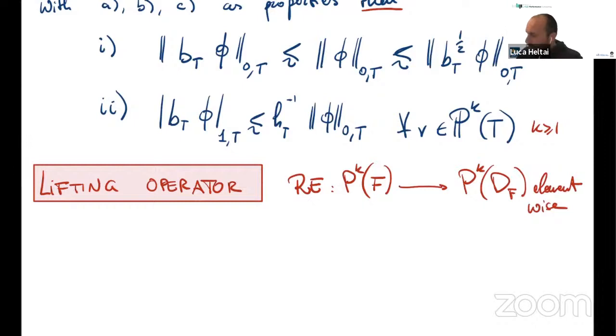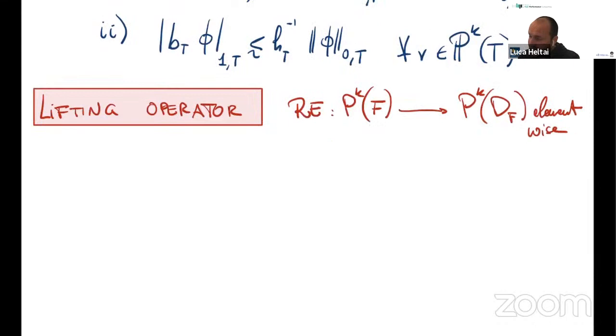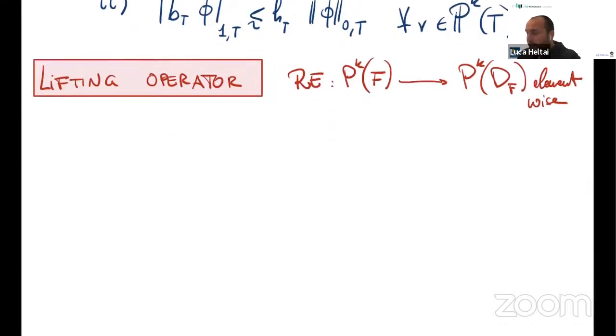Okay, so let me be clear about how this works. What's the lifting operator? We call this R_F. In the literature, sometimes it's also called capital P_F, but I don't want to confuse you with the notions about polynomials and the lifting operator.